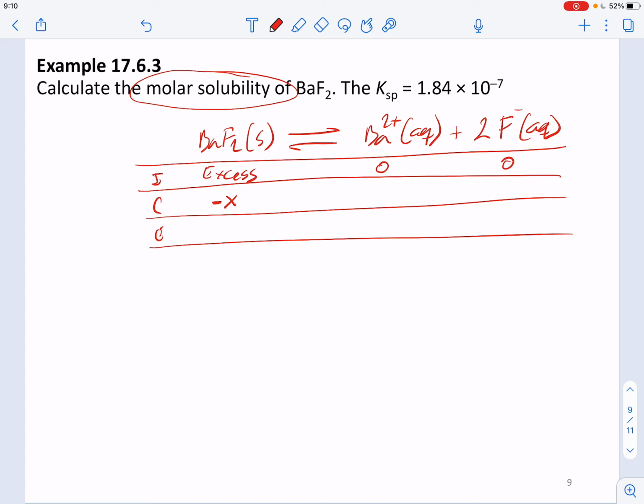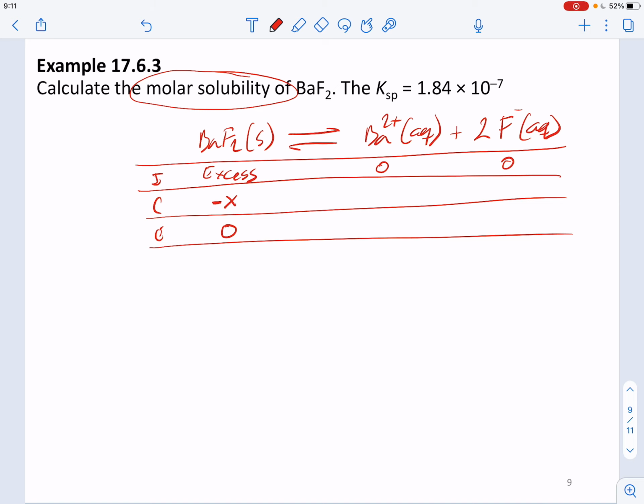But technically, if you are at equilibrium, then you still have an excess.